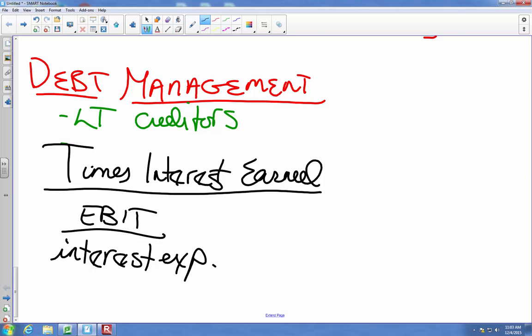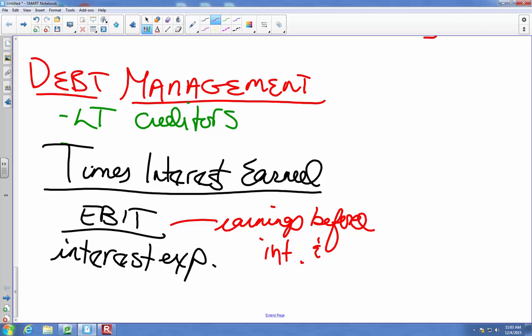It's a number you're going to pull off your P&L. Interest expense. Earnings before interest and taxes. It's an indication of how much you are earning to cover just your basic interest payments.